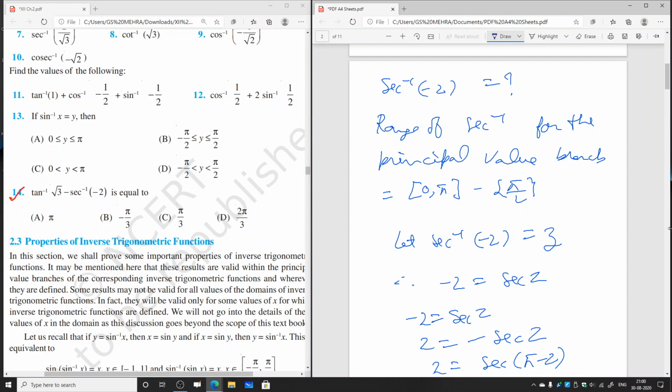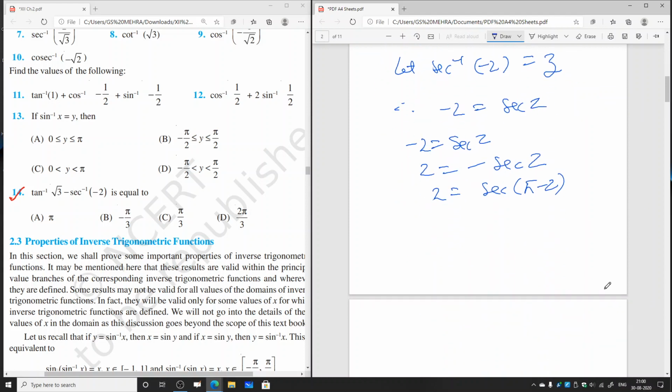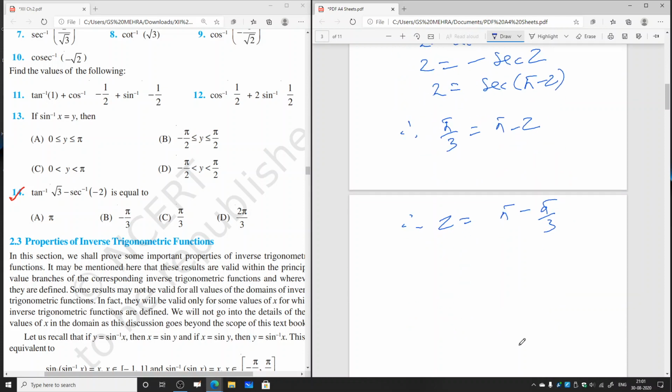Also we know that the value of sec pi by 3 is equal to 2. Therefore, we can say that pi by 3 equals pi minus z. So z equals pi minus pi by 3, which gives z equal to 2 pi by 3.